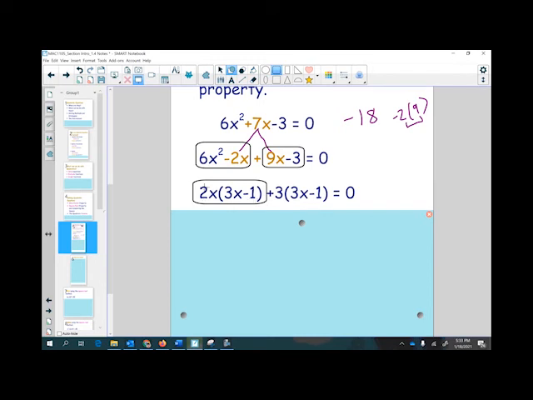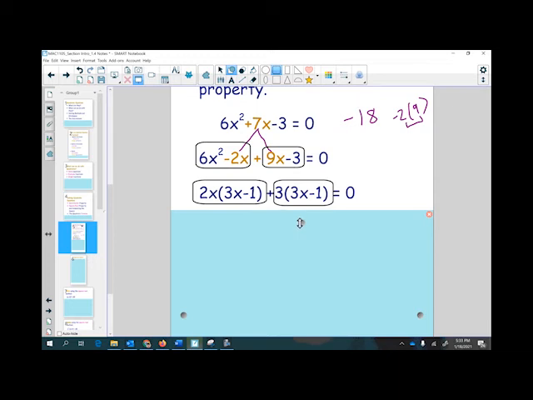If you multiply the 2x back and distribute it, you'll get 6x squared and negative 2x. From the second set, I noticed that 3 was common, so I factored that out, and that left 3x minus 1 inside the parentheses. Just to do a quick check, 3 times 3x would give me 9x, 3 times negative 1 would give me negative 3.